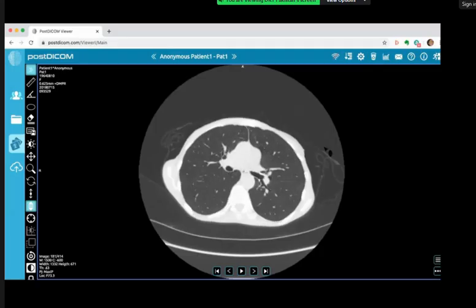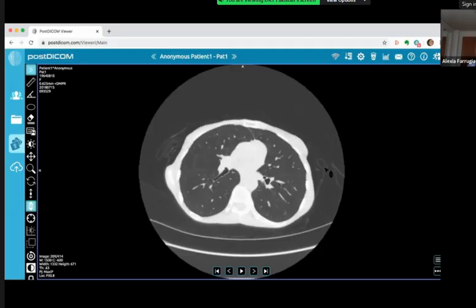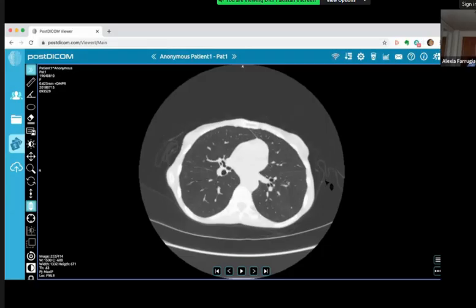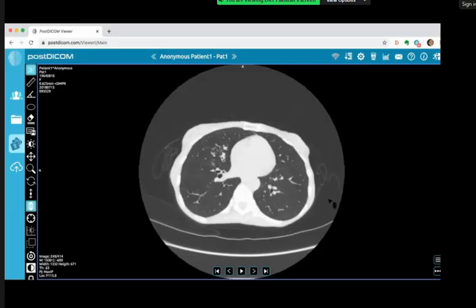What's the pattern? So having a look, I think down to the middle lobes, there were... So if you look here, focus on the middle lobe. Yeah, so there's mild bronchial wall dilatation, and there's some nodularity adjacent to it with bronchial wall thickening.